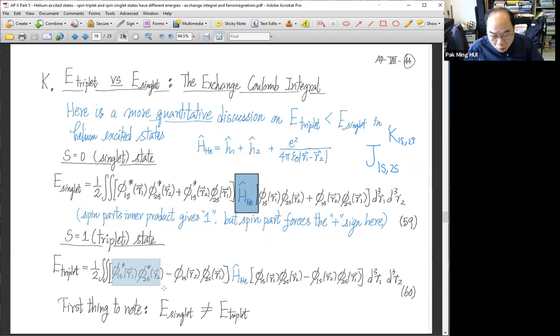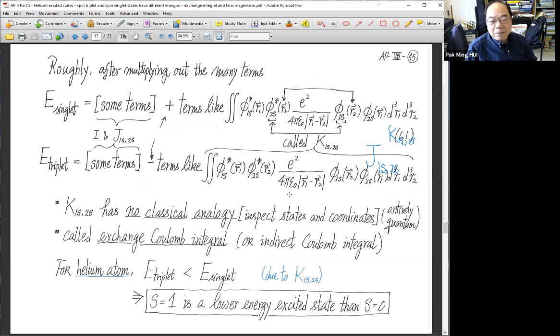Similarly, this kind of term also appears in the triplet energy. But whenever you have this goes with that, there is a minus sign. But when you have this goes with that, you have a plus sign. Okay, so without doing anything, I'm claiming this important difference. The singlet energy will have some terms, well, many, not some, many terms, but it turns out that the terms here will be the same as the term there.